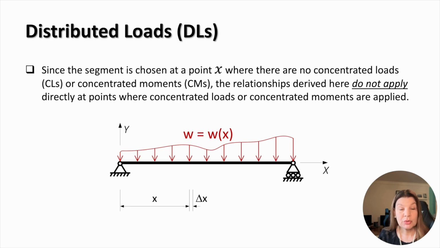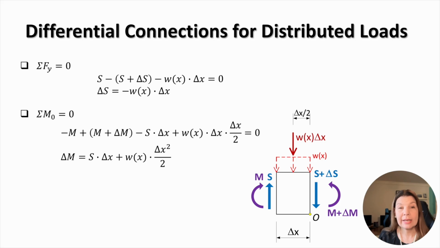Since the segment is chosen at a point where there are no concentrated loads or concentrated moments acting directly on the element, the relationships derived here do not apply directly at locations where concentrated loads or concentrated moments are applied. At those locations, the behavior of the shear force and bending moment diagrams changes suddenly, and we'll consider those effects separately later on.